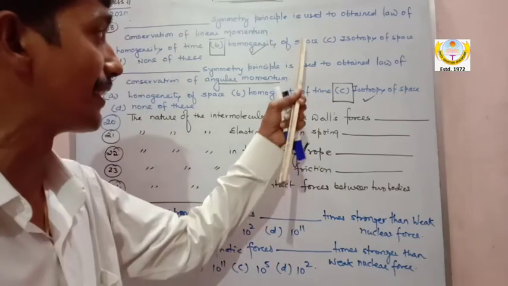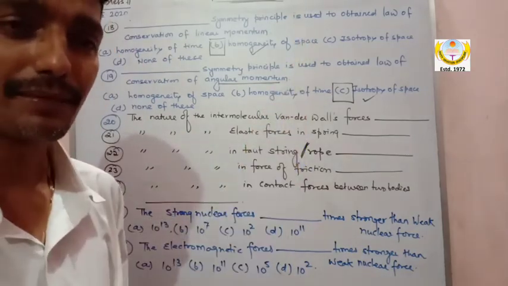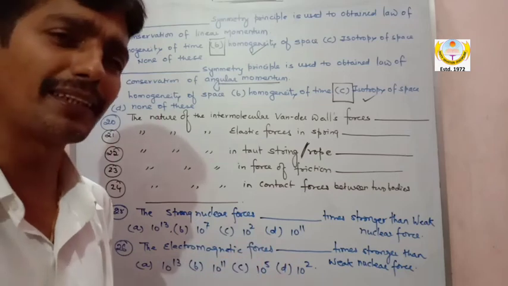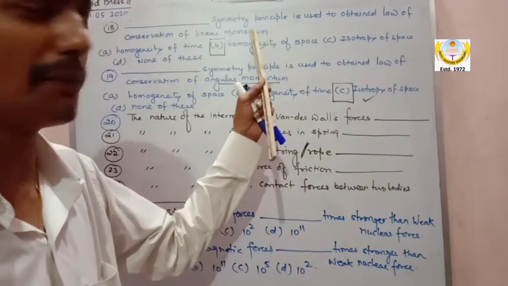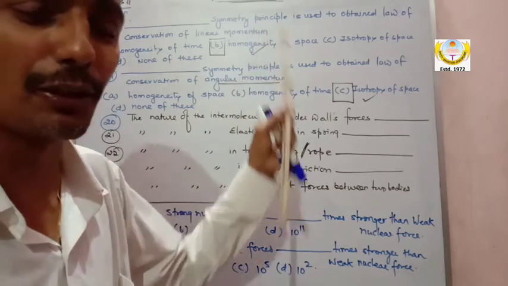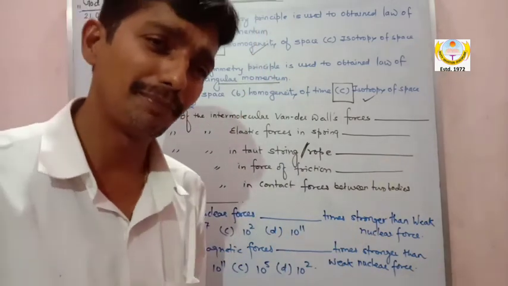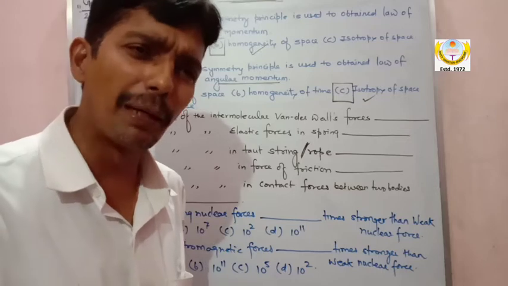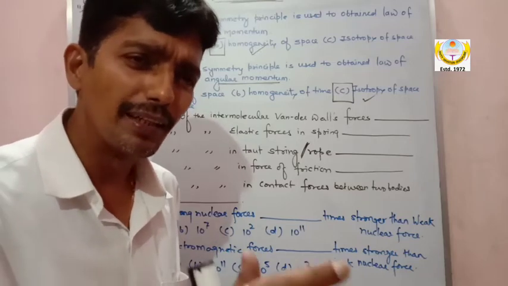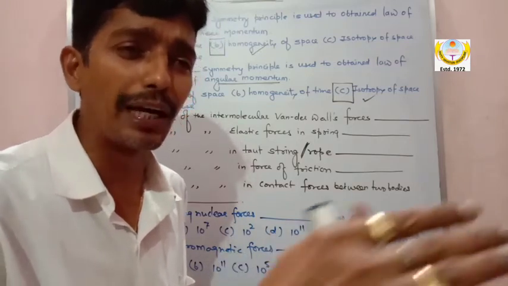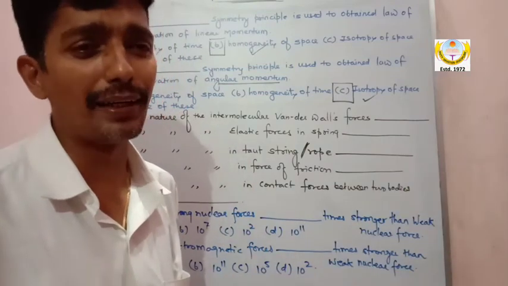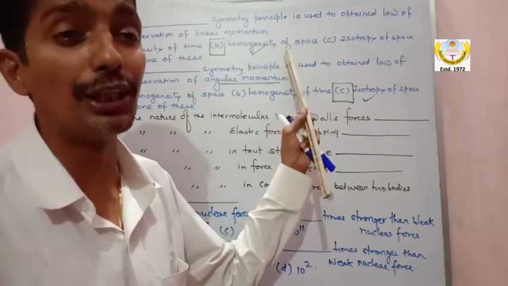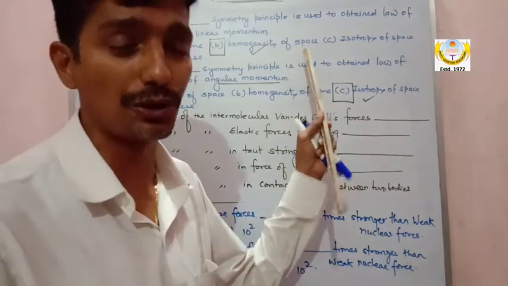And if there is no preferred location, nothing to do with the law of conservation of linear momentum. To conserve linear momentum, there should be no specific space location. That is the symmetry principle, my dear. So the principle of homogeneity of space is used.